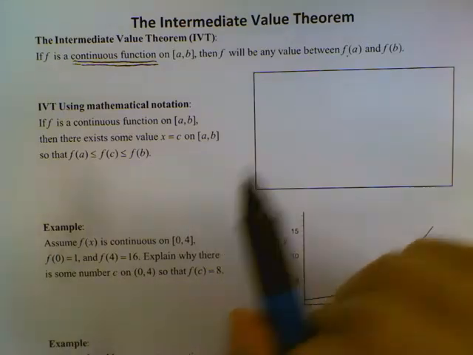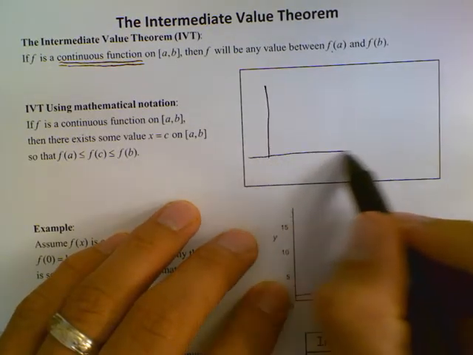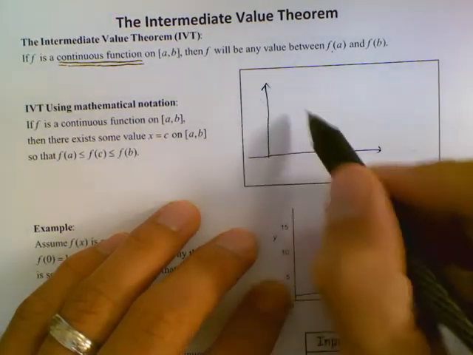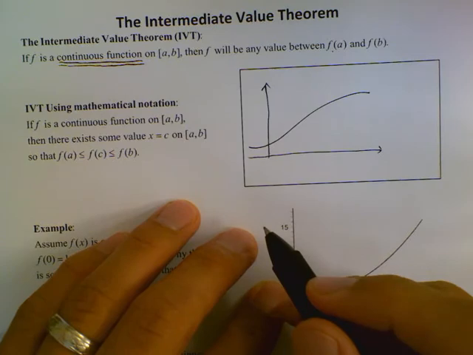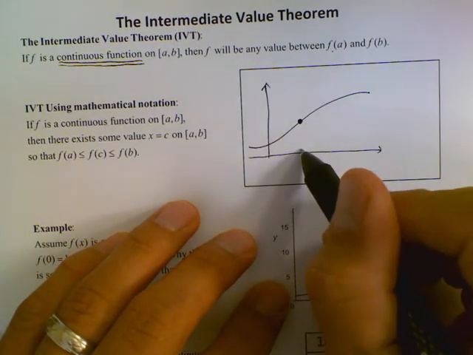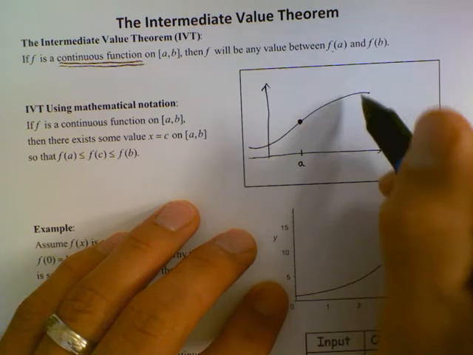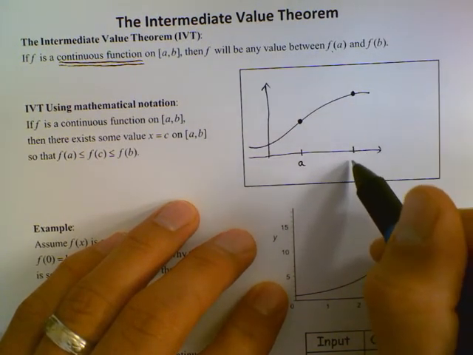So let's take a look at that. If I draw my y-axis, my x-axis, and I just have a continuous curve, just a nice one here, I know that this point right here, let's say that the x value is a, and I come out all the way to b.